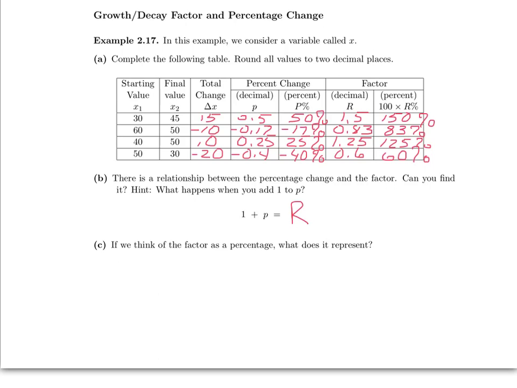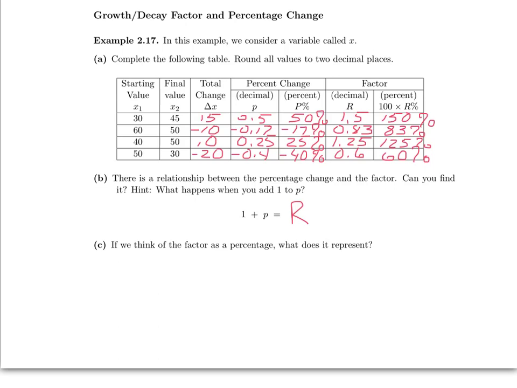Now let's look at part C. If we think of the factor as a percentage, as we did in the final column of the table in part A, what does it represent? We can get some intuition for this by starting from our equation in part B. Notice that the values in this equation are all decimal representations of percentages.